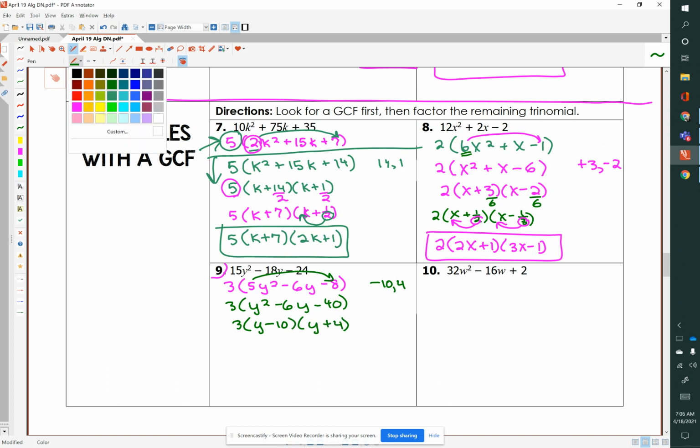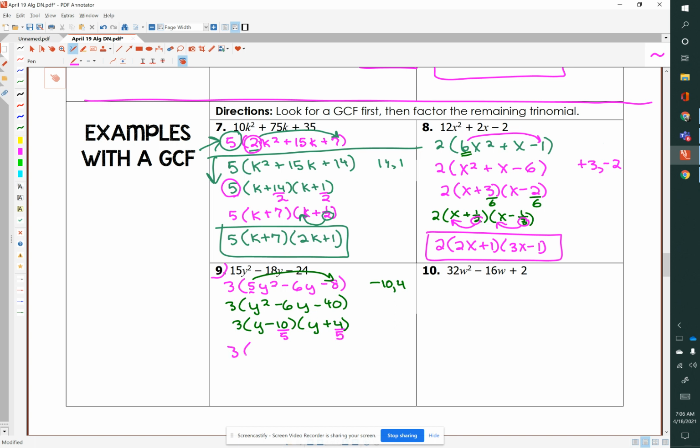And let's work with that leading coefficient of 5. So we'll divide everything by 5 and reduce the fractions. y minus 2, y plus 4/5.